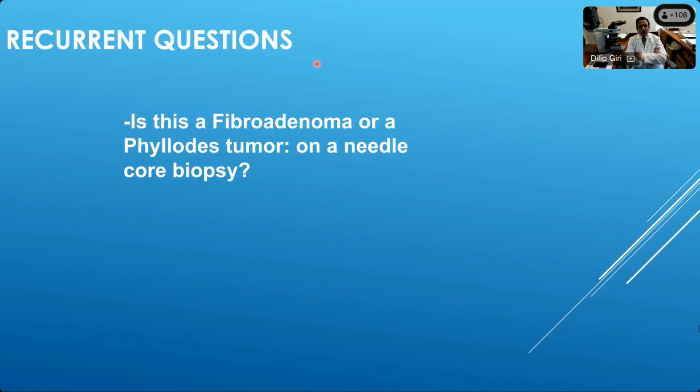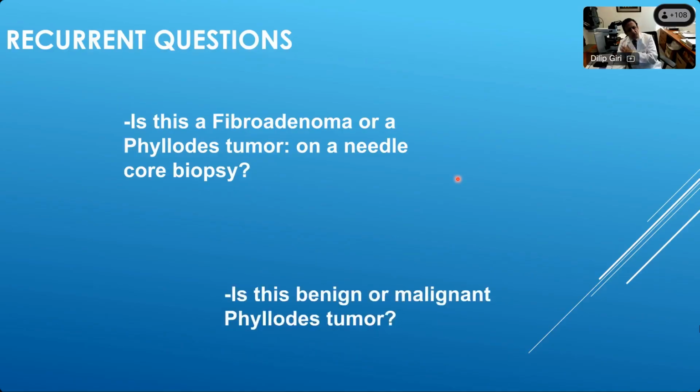This is an important question because in general, if you make a diagnosis of fibroadenoma on a core biopsy, unless the patient is worried about it or the lesion has grown rapidly in a short term, excision will not follow for a diagnosis of fibroadenoma. But if a diagnosis of Phyllodes tumor is made on a needle biopsy, then regardless of anything else, a surgical excision will follow.